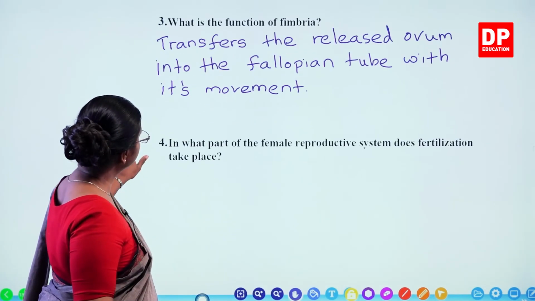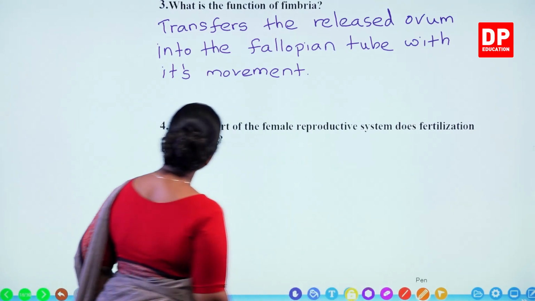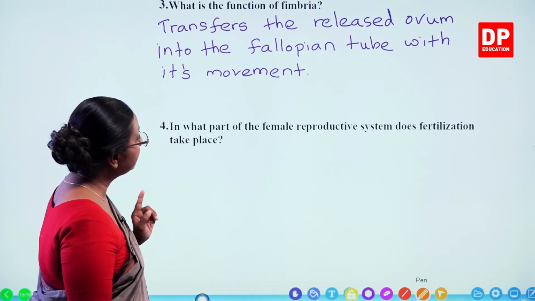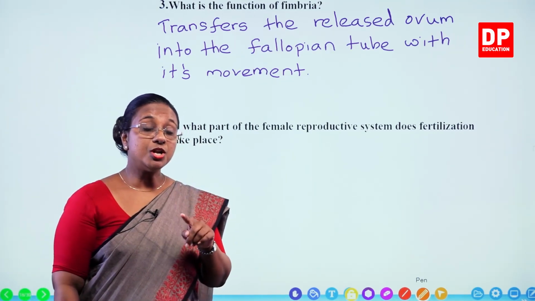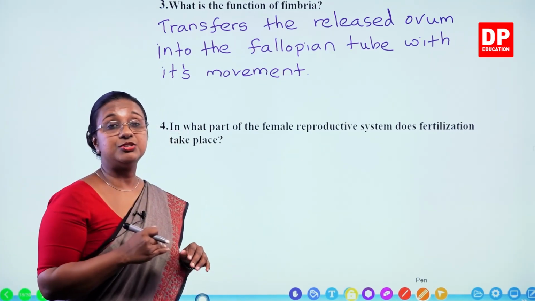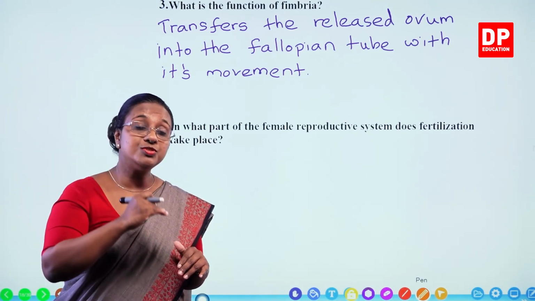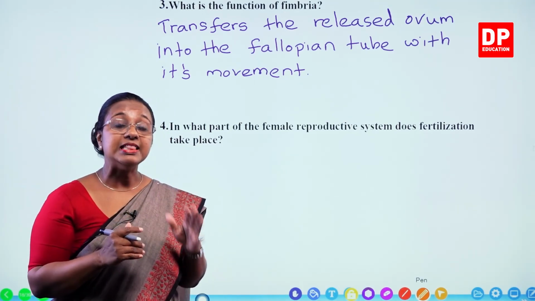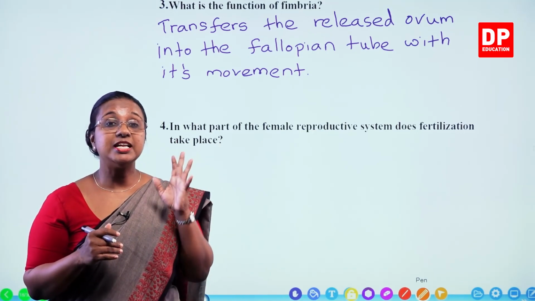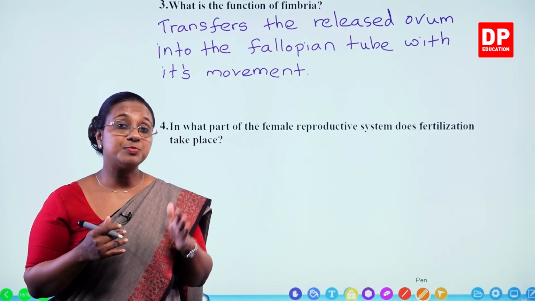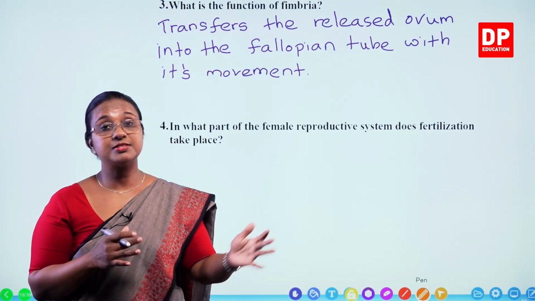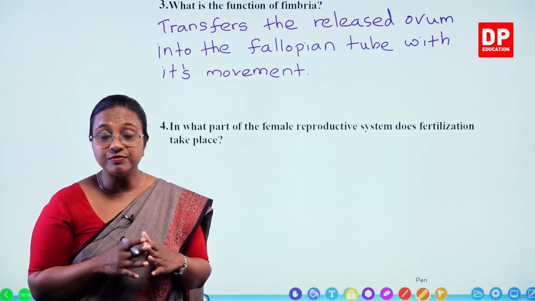Then we have the next one. In what part of the female reproductive system does fertilization take place? So you all know, students, the ovum enters into the fallopian tube. It moves towards the uterus. At the same time, into the vagina, the sperms are released or ejected. So from there, the sperm travels towards the uterus and through there into the fallopian tube.